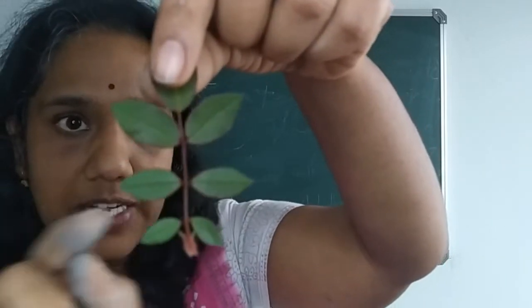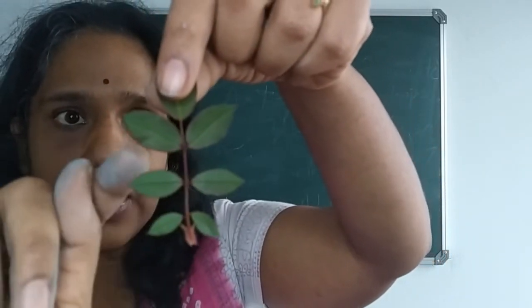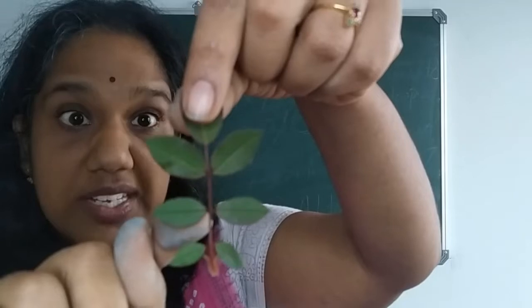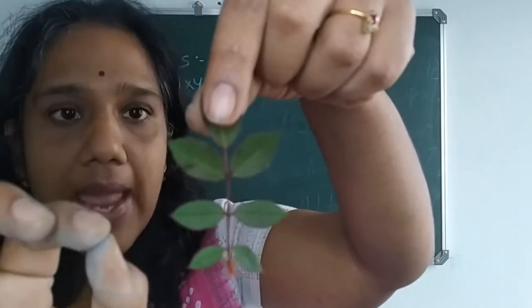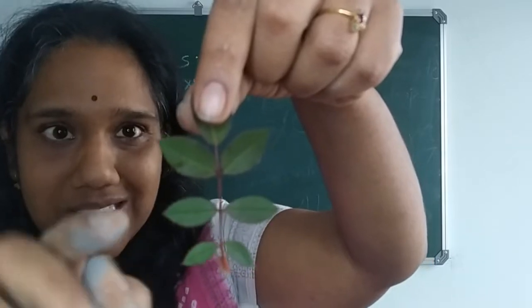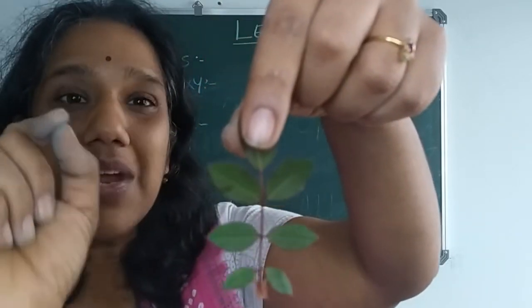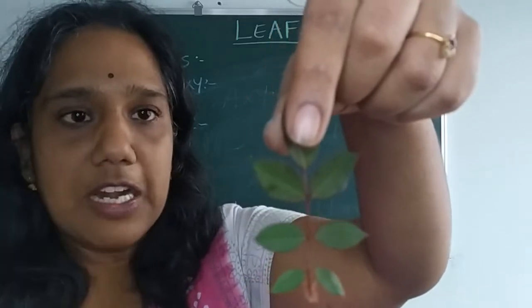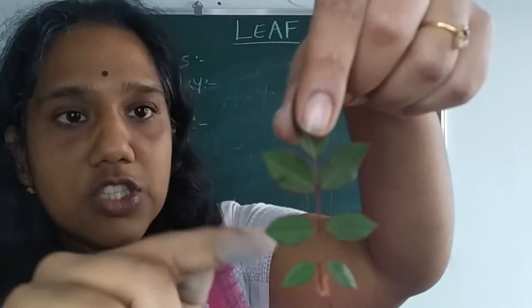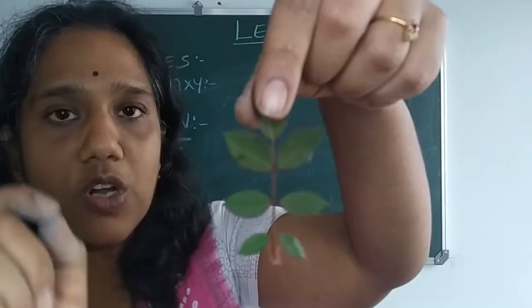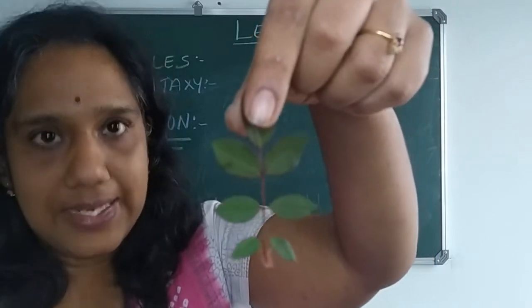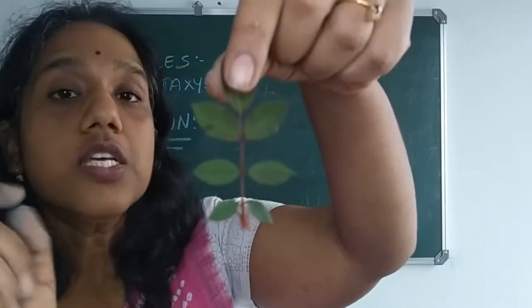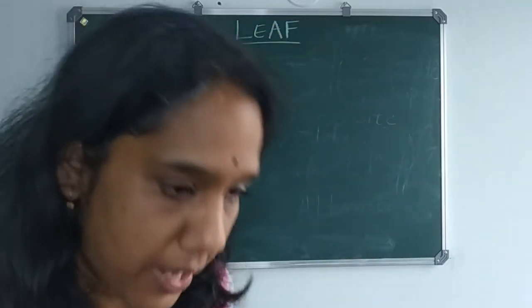In this, you can very prominently see one line going where the petiole merges into it. The vein in which the petiole merges is called the midrib. It's the main vein, the principal vein or the midrib, which further branches to give rise to various small structures called veinlets. So this is what we are going to study today.